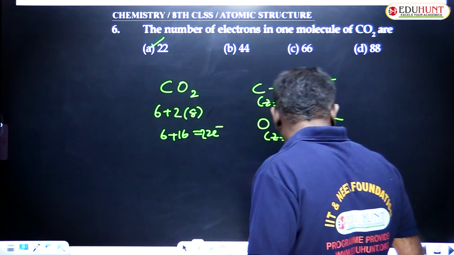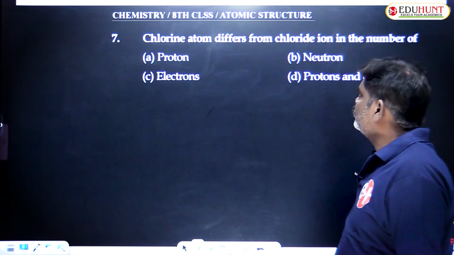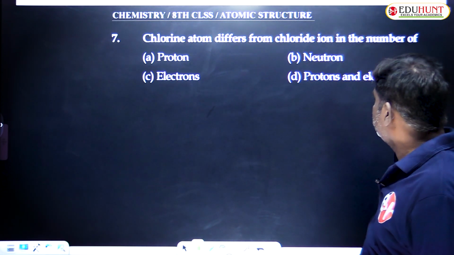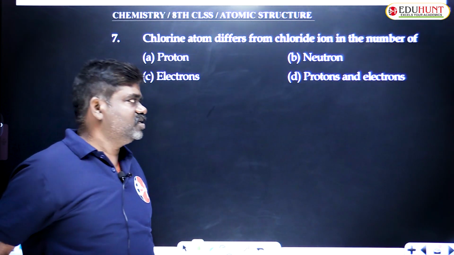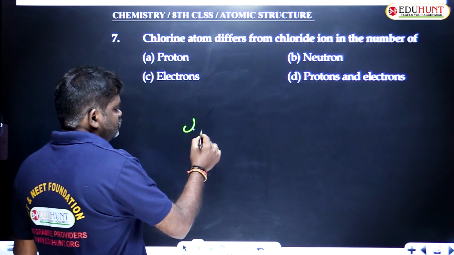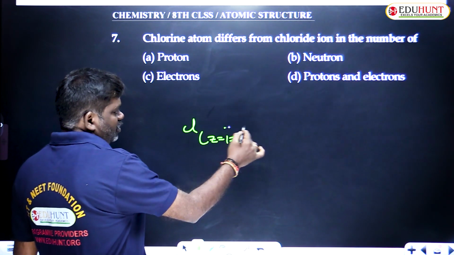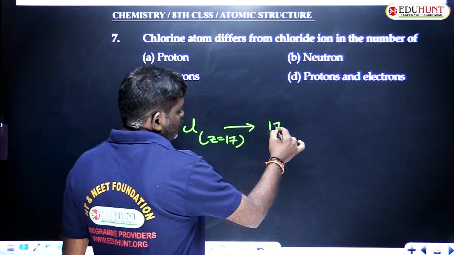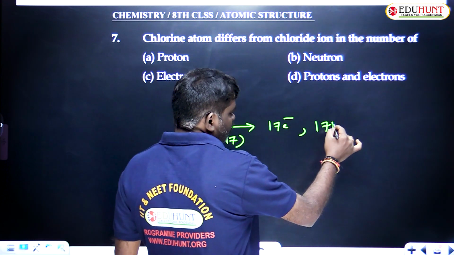Now another question. The chlorine atom differs from the chloride ion in the number of what? Chlorine atom means Cl, its atomic number is 17. So how many electrons are present? 17 electrons. How many protons? 17 protons.